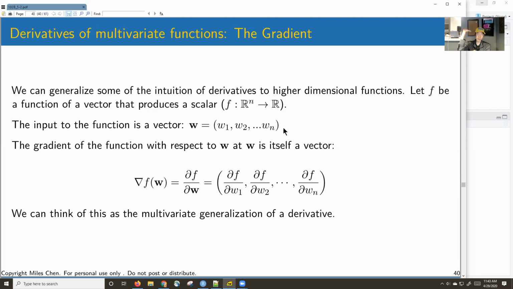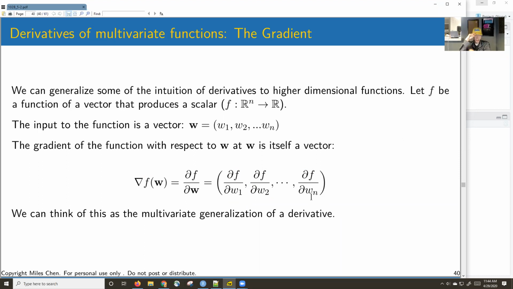When you take the gradient of the function with respect to that input vector, the gradient, nabla f, is going to be a vector of the partial derivatives. Each component is the derivative of the function with respect to the first component of the vector, the derivative with respect to the second component of the vector, all the way to the derivative with respect to the last component in the vector.